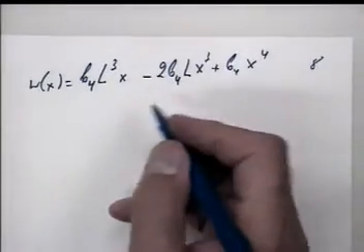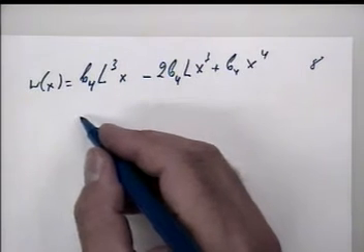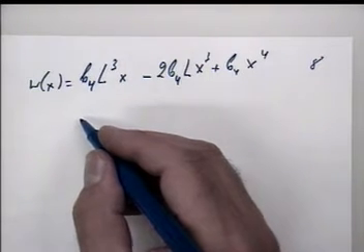So B4, we have here B4. B4 is an arbitrary constant.